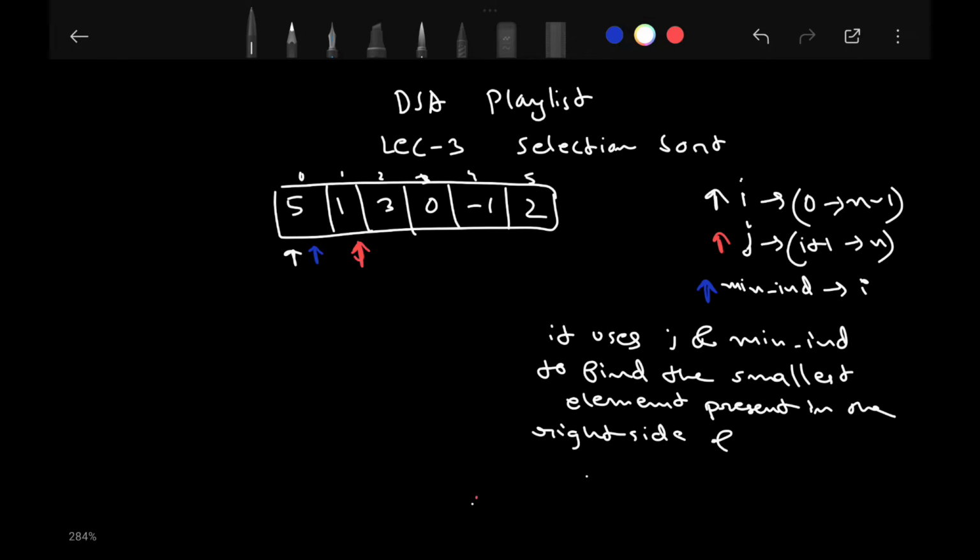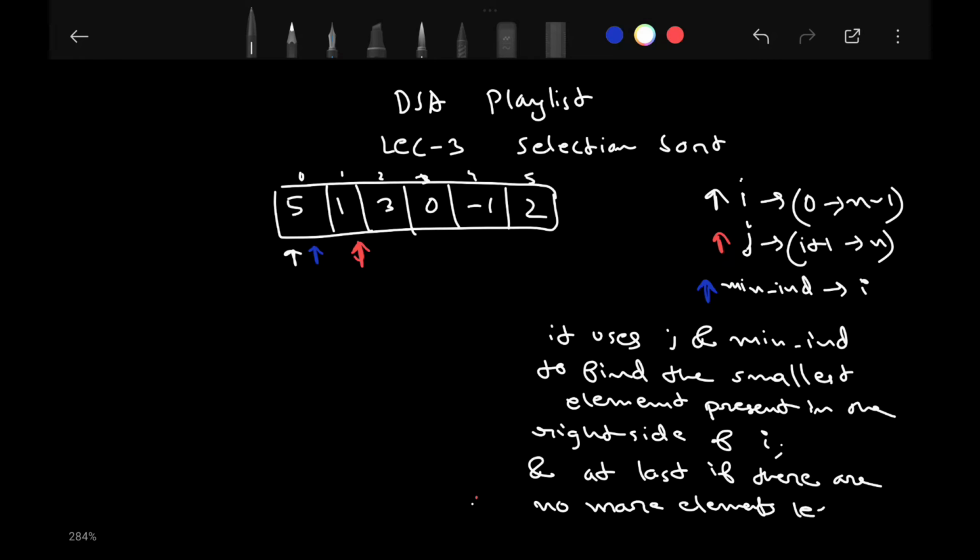And at last, if there are no more elements left, that is, j reaches n minus 1 index, or if there are no more smaller elements left, then what do we do?